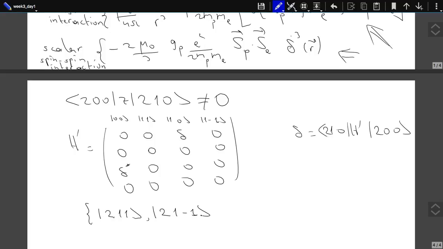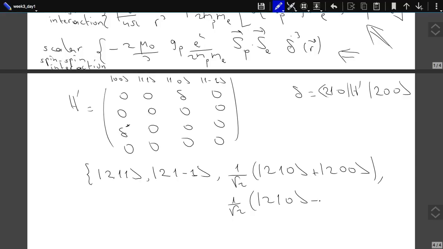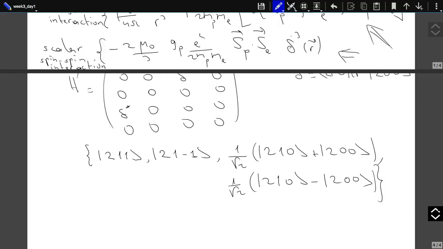Now, if you calculated the other eigenvectors, you will see that they are 1 over square root of 2 times (|2,1,0> plus |2,0,0>), and 1 over square root of 2 times (|2,1,0> minus |2,0,0>).